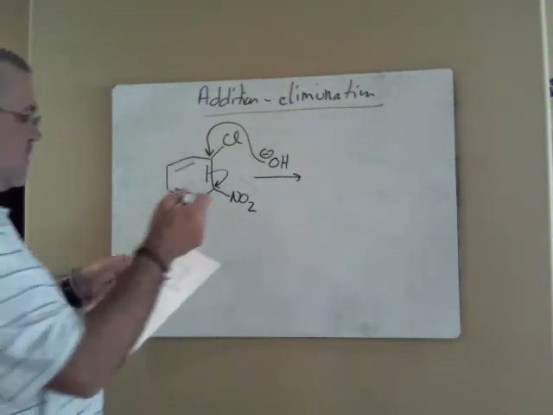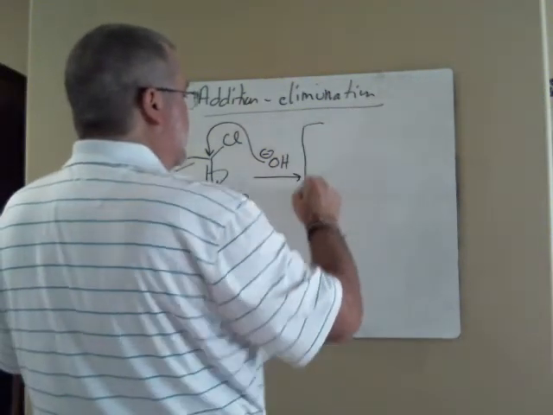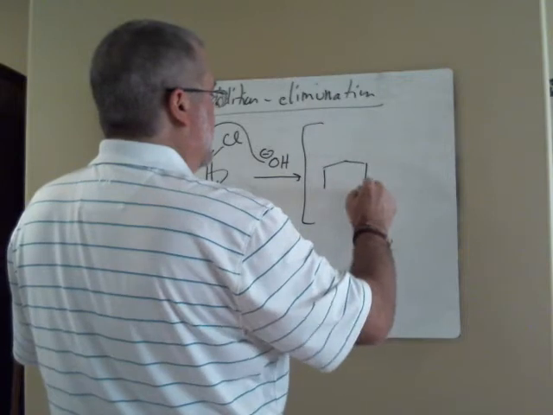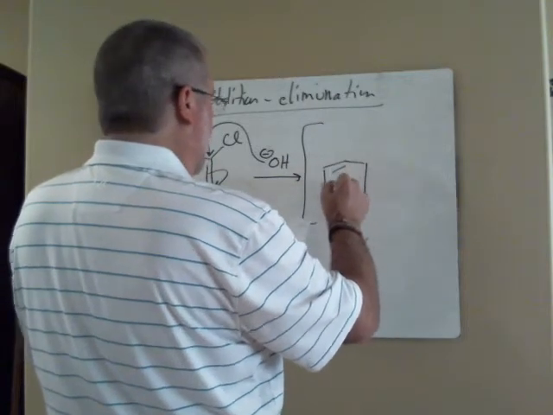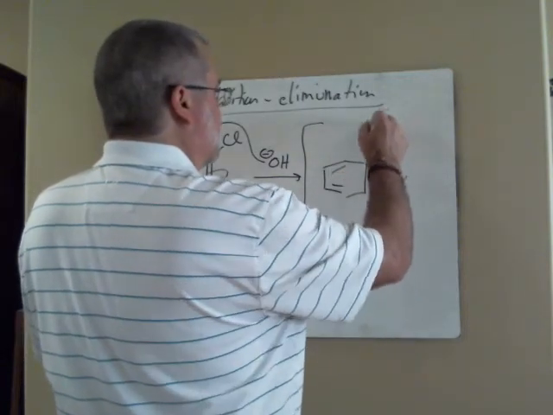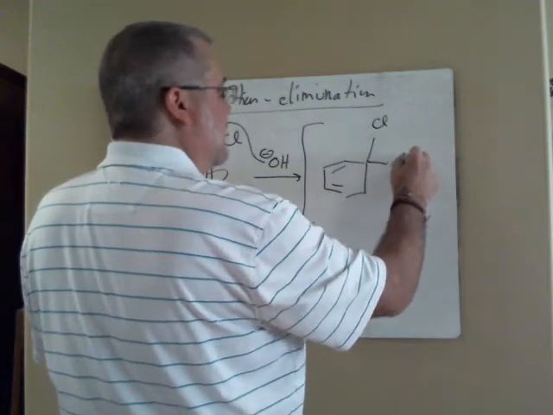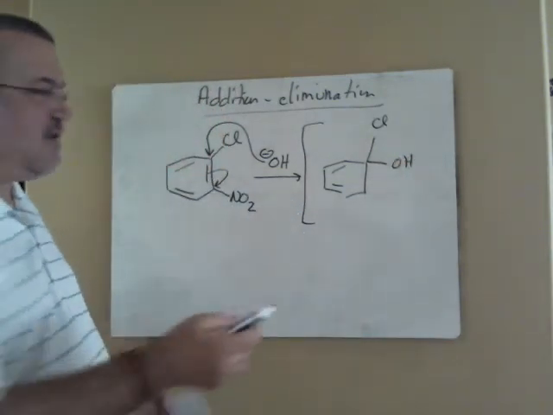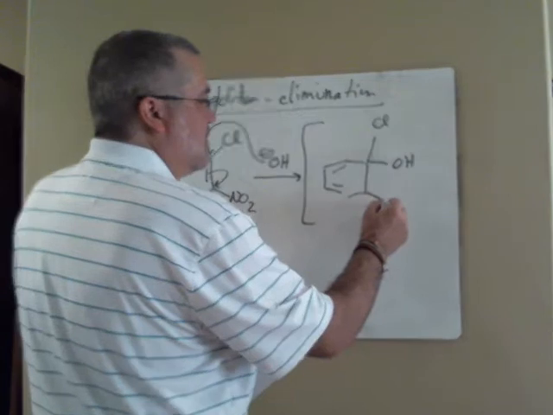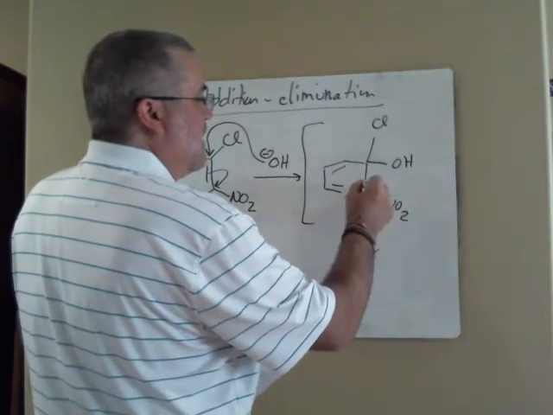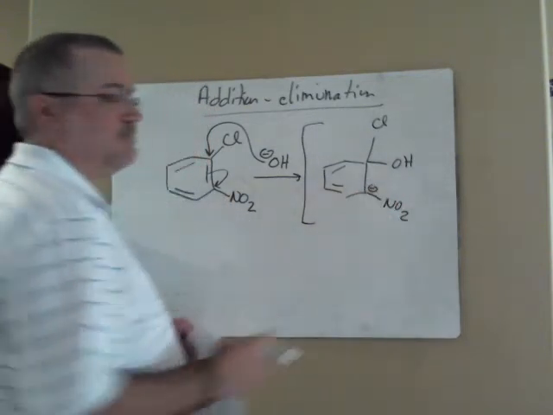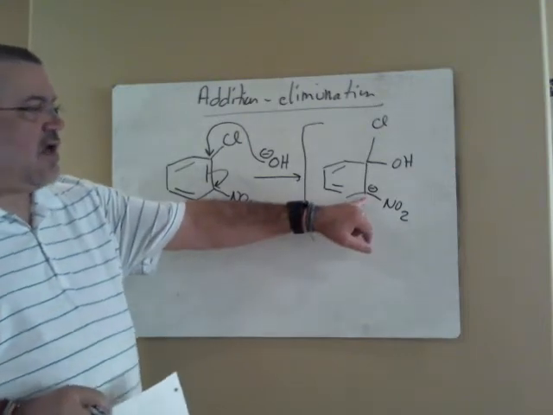And the result of that is going to be this intermediate. And you're going to see it's similar to what we saw with electrophilic aromatic substitution in the sense that we are going to have something that's resonance stabilized, but now it's a minus charge that's sitting here.